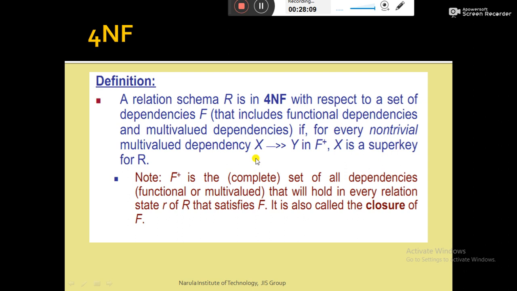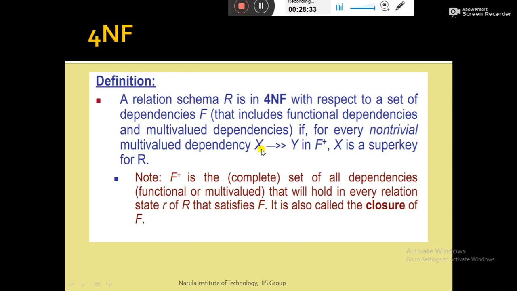So first we have to check whether the relation has a multivalued dependency or not. If it has, then we have to determine whether it is trivial or non-trivial. If it is non-trivial, then we have to check whether X is a superkey or not.